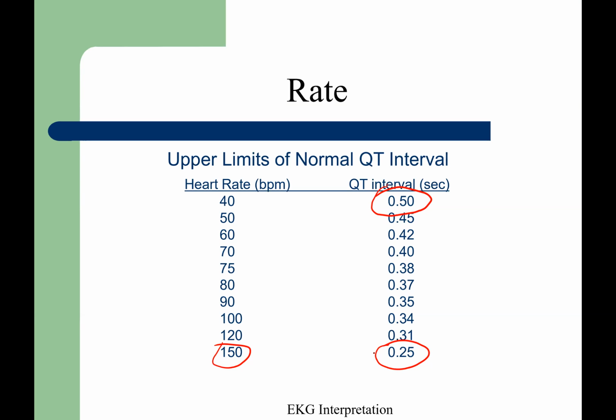This makes sense, because as we increase our heart rate, we need to repolarize faster. Remember, the QT interval is the total time it takes for your ventricles to contract and then return back to polarization so that they're ready to contract again. That's what the QT interval really refers to.